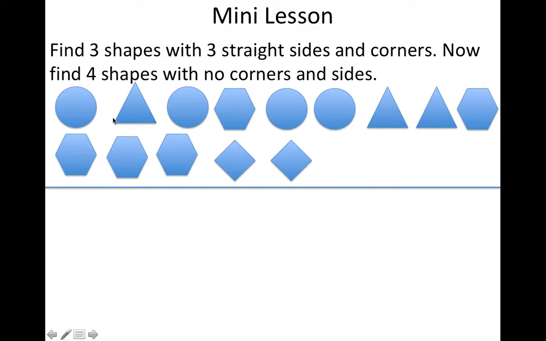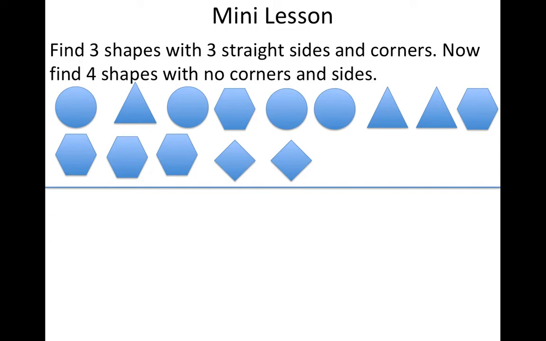This is a circle, this is a triangle, this is a hexagon, and this is a diamond. From all of the shapes here, we need to find 3 shapes with 3 sides and corners, and 4 shapes with no sides and no corners. You can pause the video and take a look at the shapes to see which ones are which. And then I'll ask everyone a question.